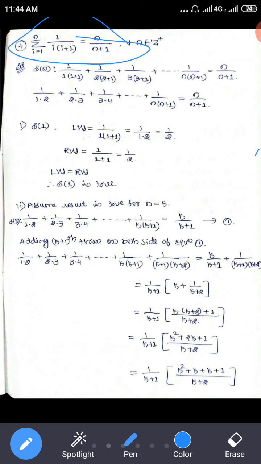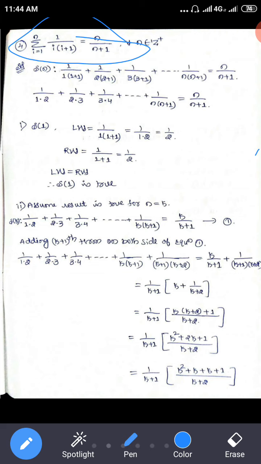So 1 plus 1 is 2, 2 plus 1 is 3, 3 plus 1 is 4. So 1 upon 1 into 2, plus 1 upon 2 into 3, plus 1 upon 3 into 4, up to 1 upon n into (n plus 1), that is equal to n upon n plus 1.